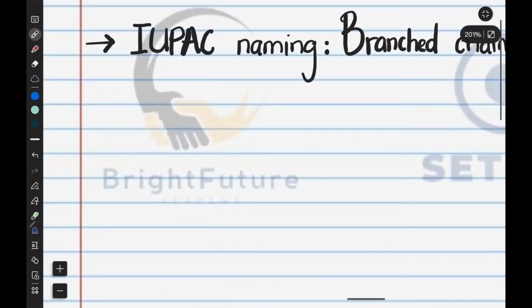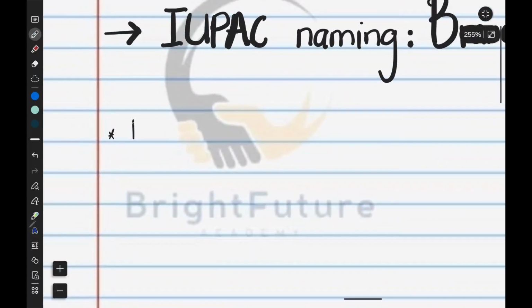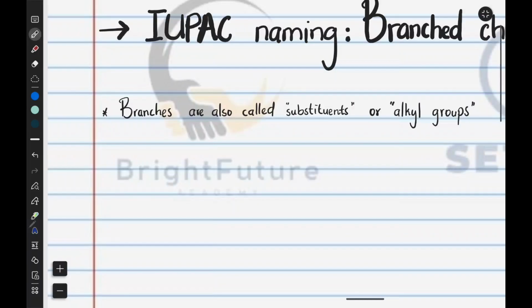We are saying branches are also called alkyl groups or substituents.